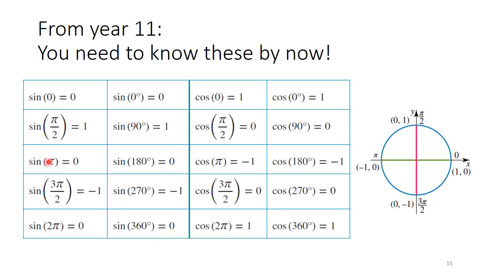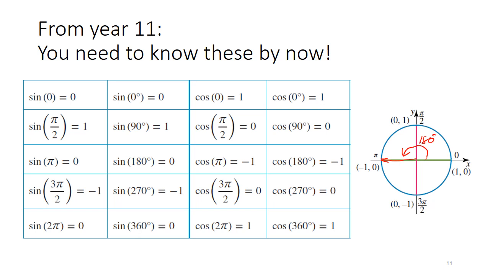Now let's look at sine of pi. Pi is 180 degrees, which is here. Sine gives us the y coordinate, and there is no y coordinate, so it's 0.